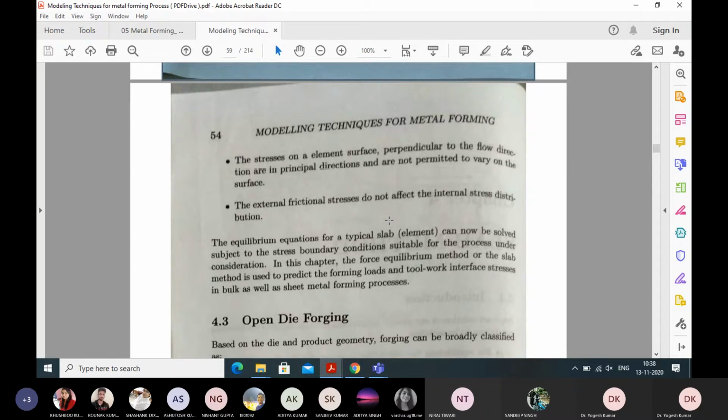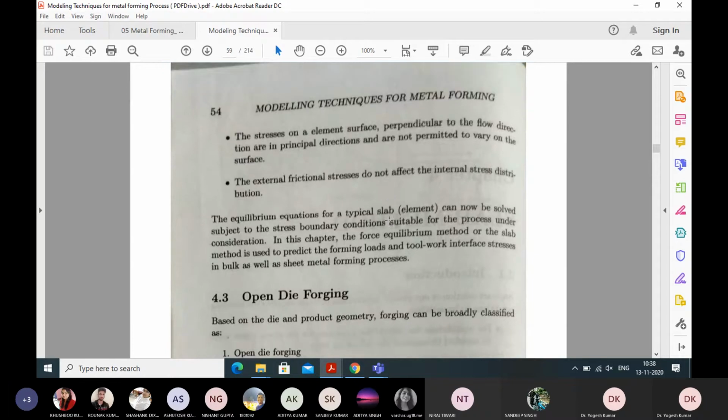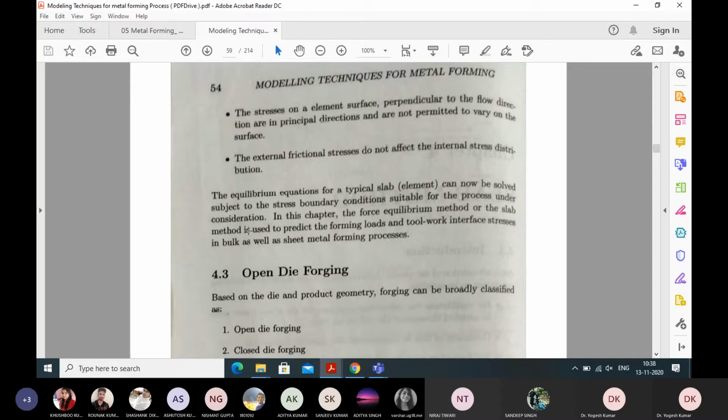Okay, so if you want to apply these methods to all metal forming processes, the teaching will take 40 to 50 lectures.